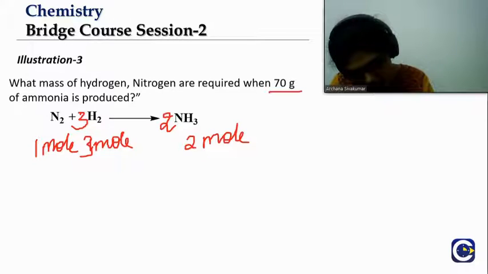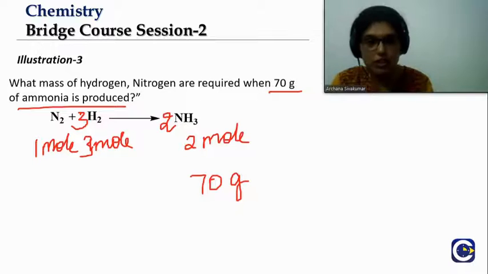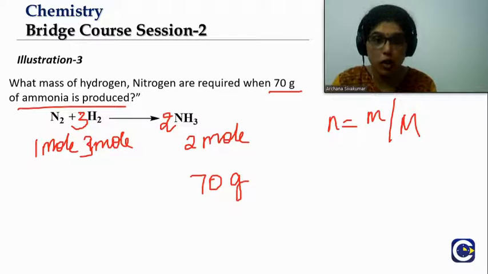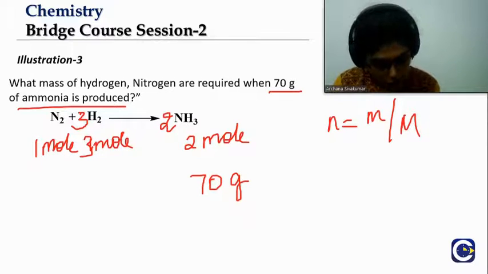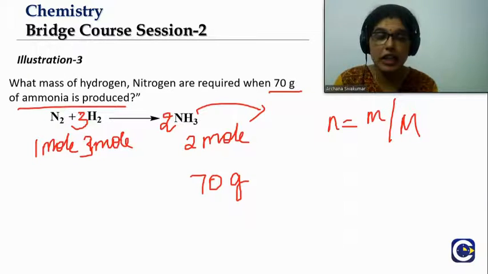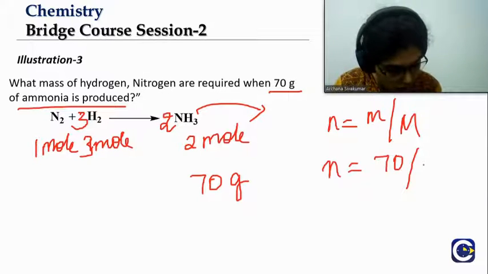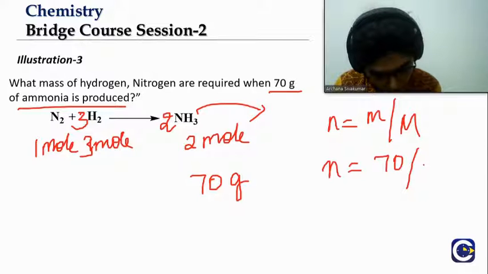So what is the mass given? The mass of ammonia which is being produced is 70 grams. So using the formula moles equal to mass over molar mass, we can calculate the number of moles. What is the molar mass of ammonia? It is 17, 14 plus 3. So the number of moles will be equal to 70 over 17.